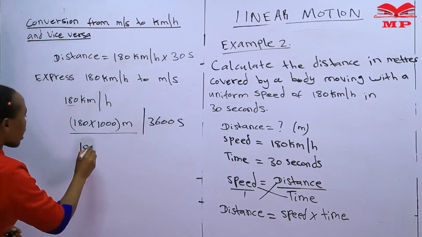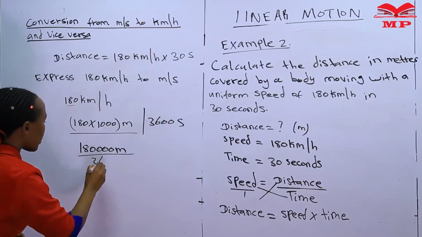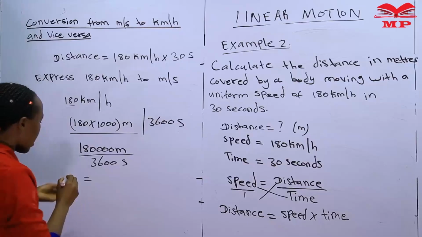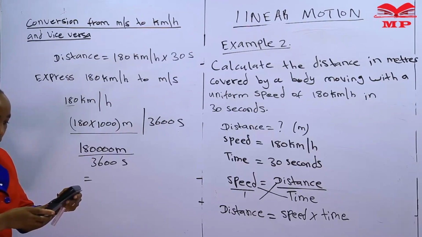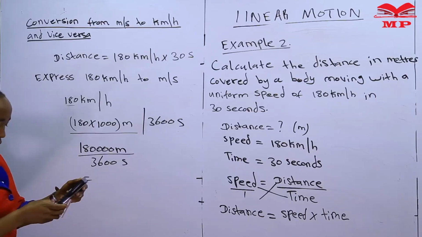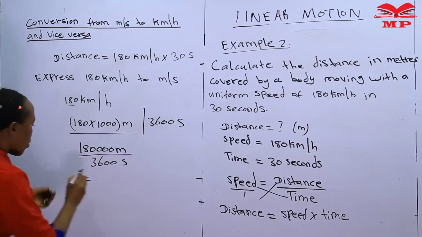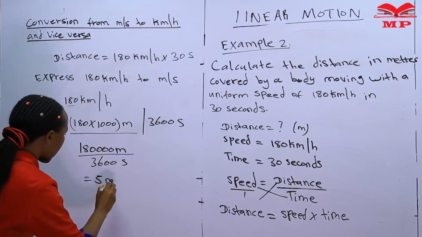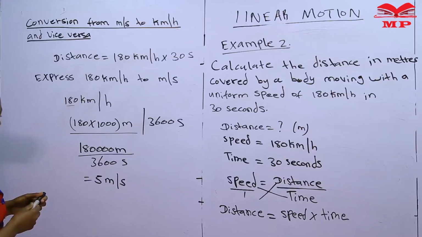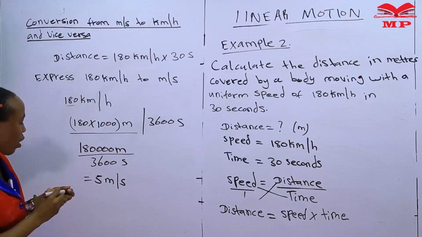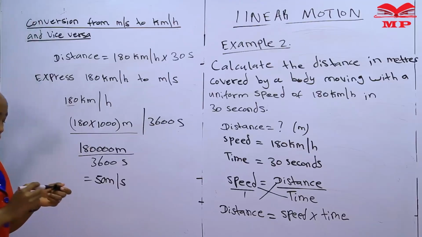Therefore we'll have 180,000 meters divided by 3,600 seconds, and we end up getting 50 meters per second.